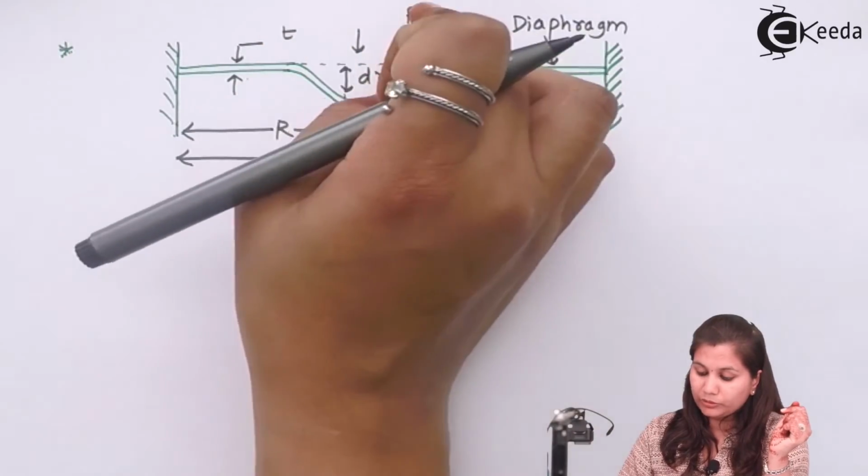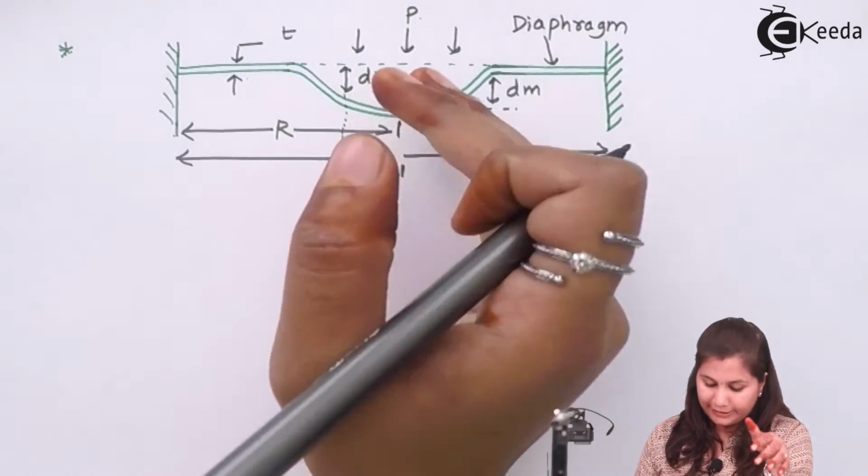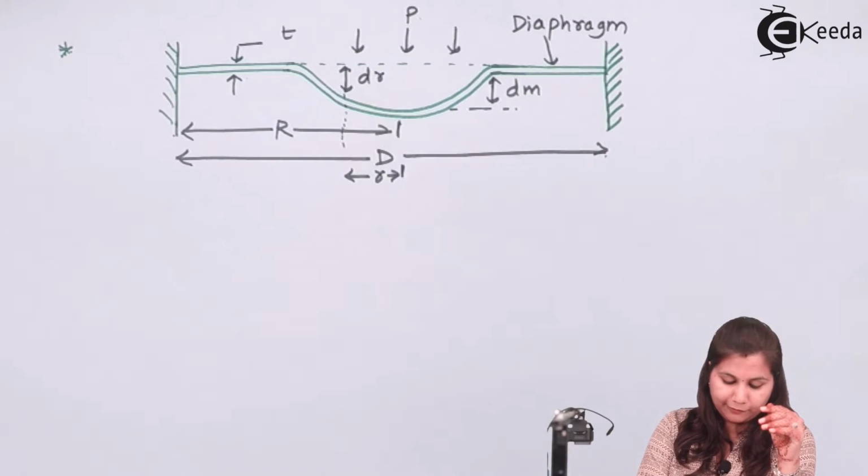So let's see how the pressure and the deflection of the diaphragm are related with each other by the formula.